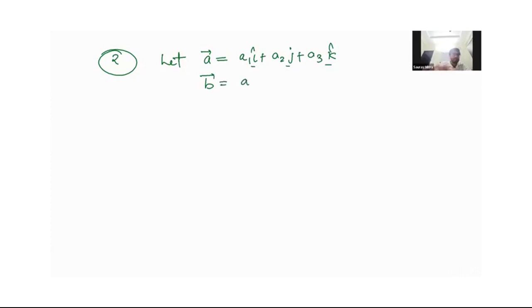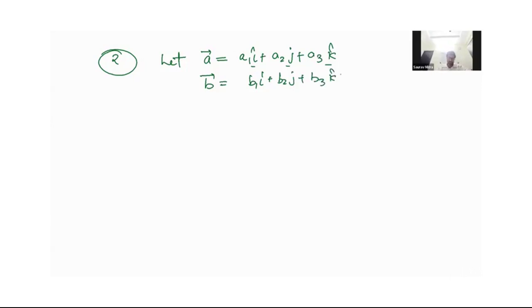Now we will learn some operations. Let us take two vectors. The vector a always comes in components: a1 i cap plus a2 j cap plus a3 k cap, in all three directions i, j, k, the x, y, z axes. Let b vector be b1 i cap plus b2 j cap plus b3 k cap.